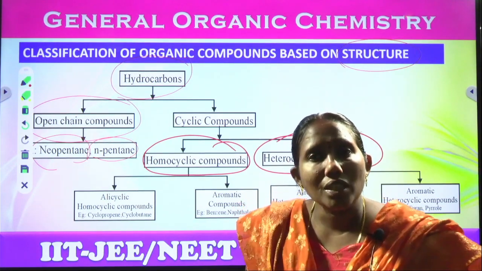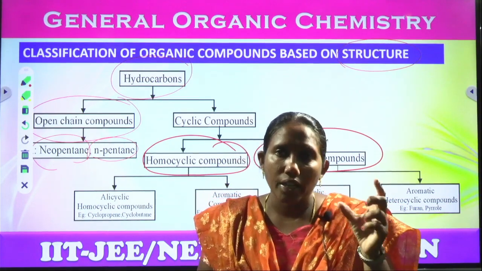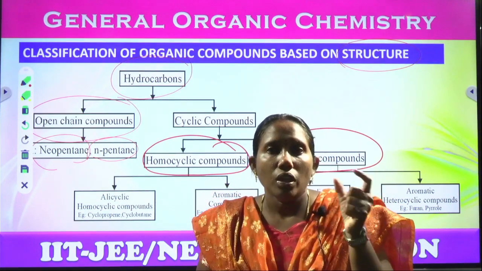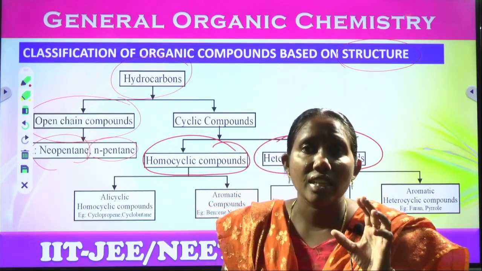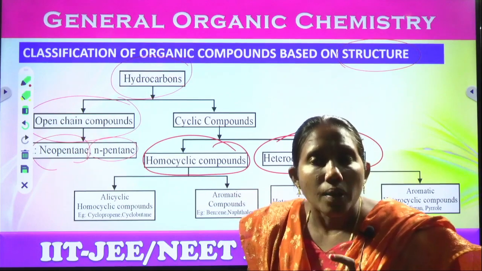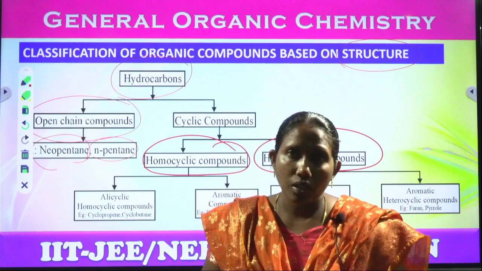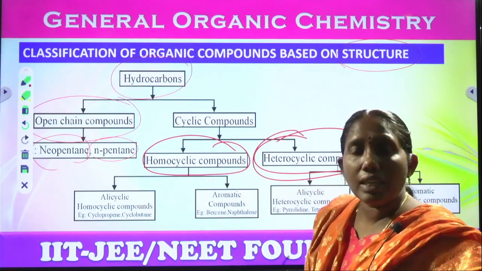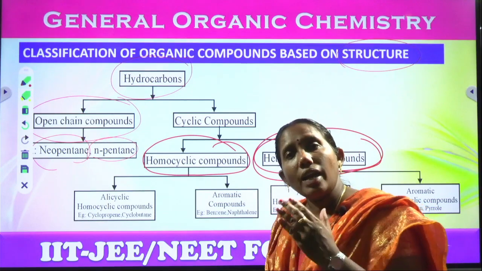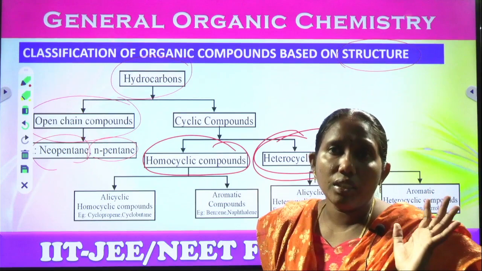What is meant by homocyclic and heterocyclic compounds? Homocyclic means the same type, only carbon will be present in the ring, and hydrogens will be attached, right? Whereas coming to the heterocyclic compounds, other than carbon, some other atom will be introduced into the ring.